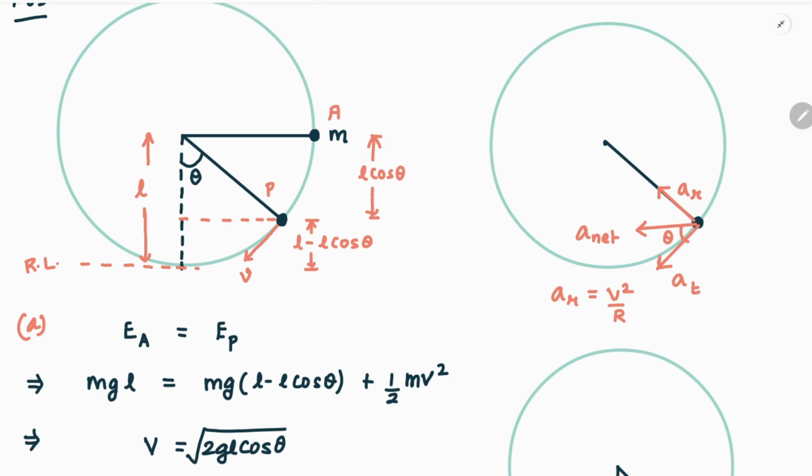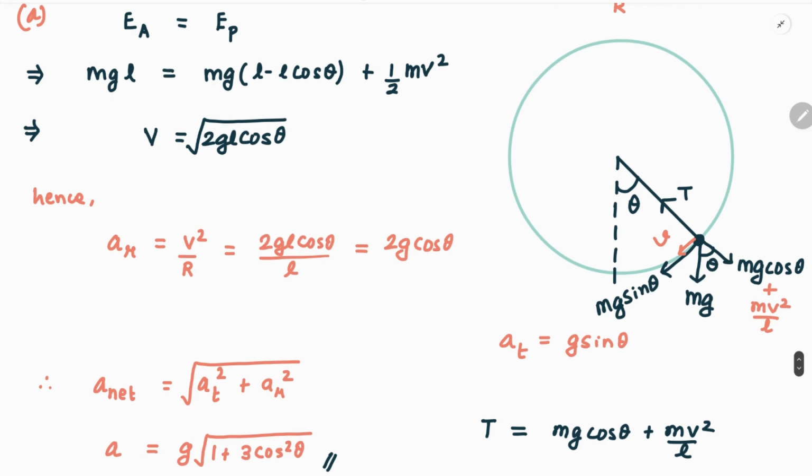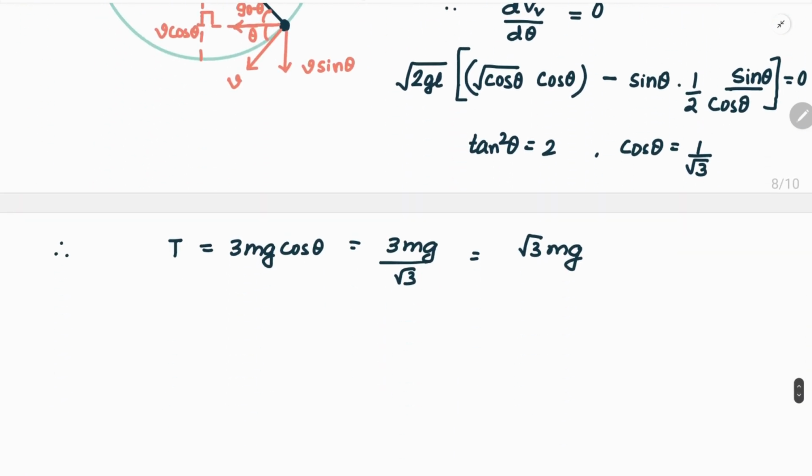Over here this is the net acceleration. The problem is asking for the net acceleration to be horizontal. If we construct this triangle like this, we can say that tan theta equals AR by AT.